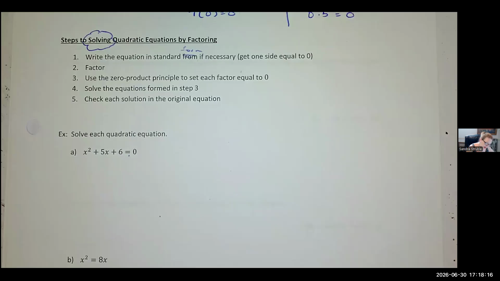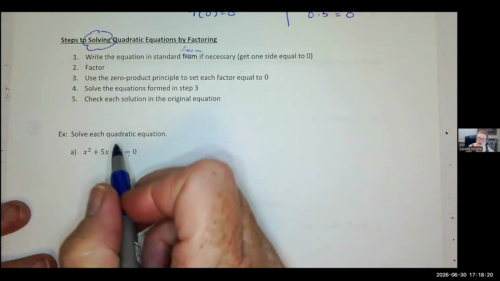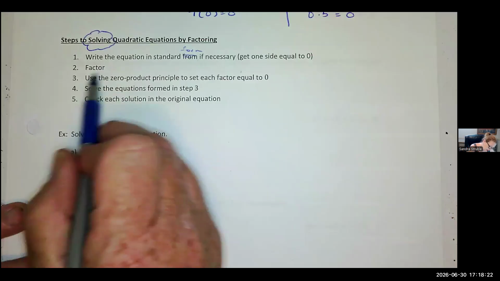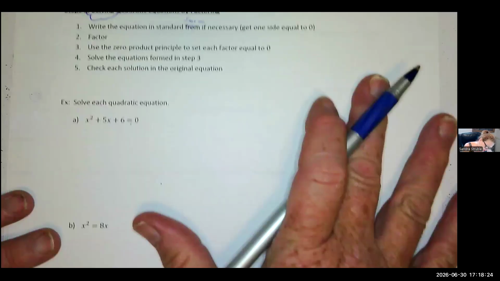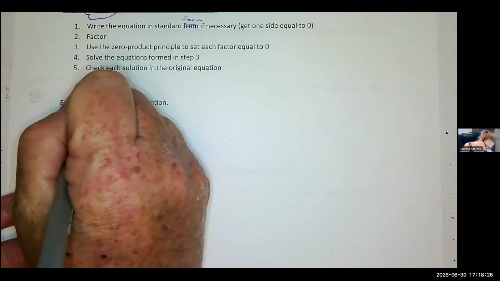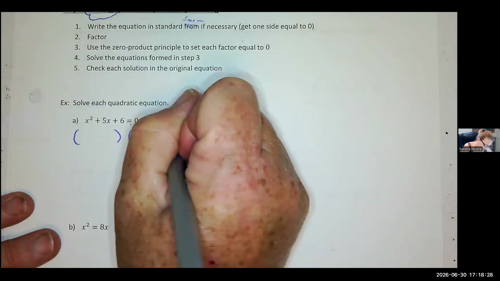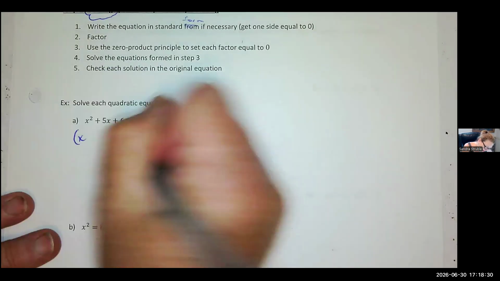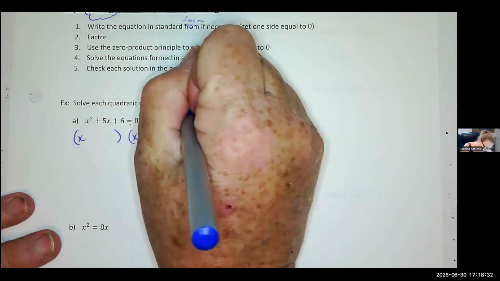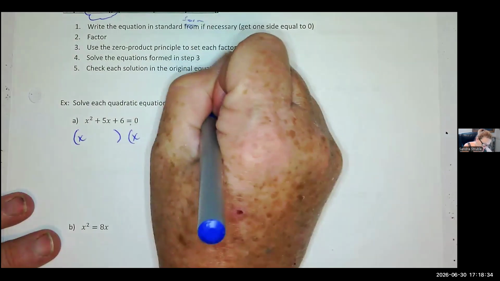All right. Once you get it in that format, then you're going to factor it, which we've already done. You did that in the previous unit. So we're going to factor. This is X and X. We're looking for factors of 6 that sum to 5.